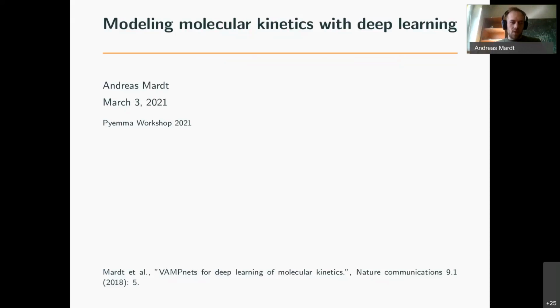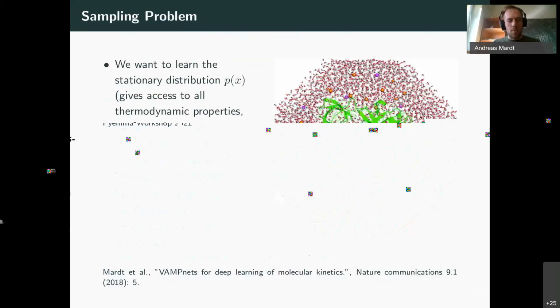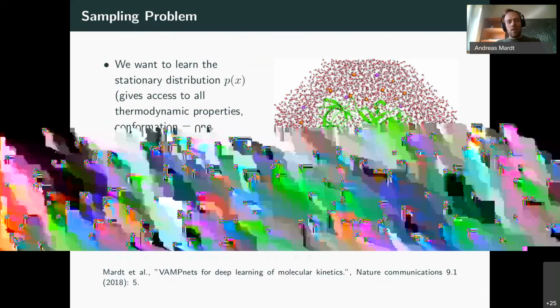And so it's always good to repeat stuff. And for that, I want to motivate again why we are interested in building these Markov state models or using a VAMPnet. And it's connected in these biological systems, at least, to this sampling problem.